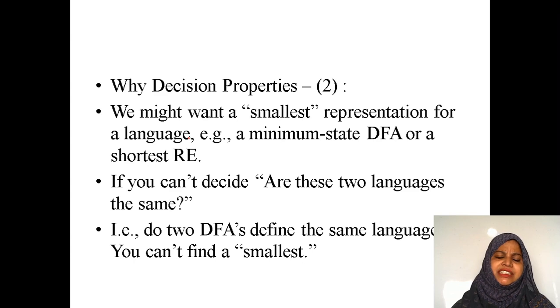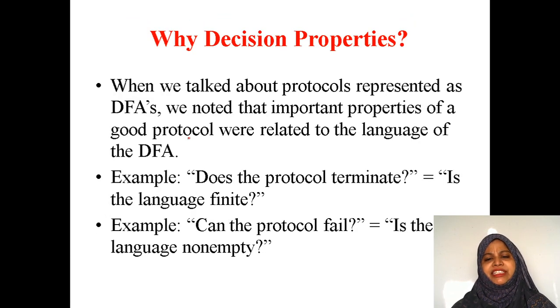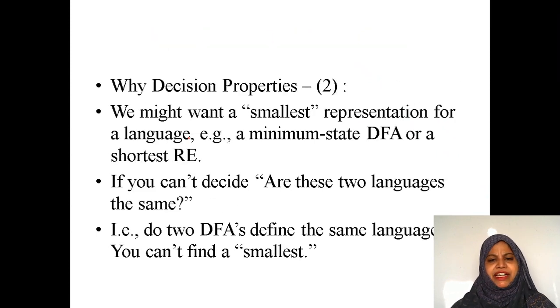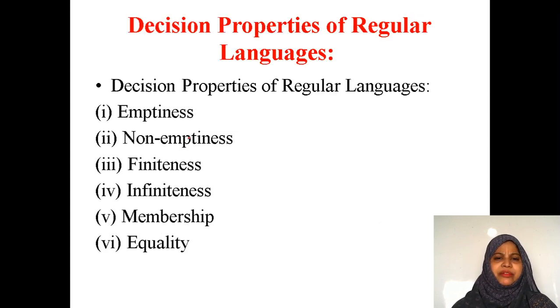At the end, by using the decision properties, we are going to check for that particular language whether the language is empty, whether it is not empty, whether it is accepted or not, whether it is regular or not. All those properties are going to be checked by the decision properties of the regular languages. Generally there are decision properties.